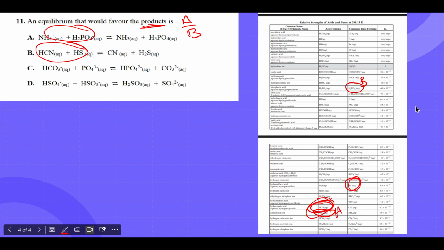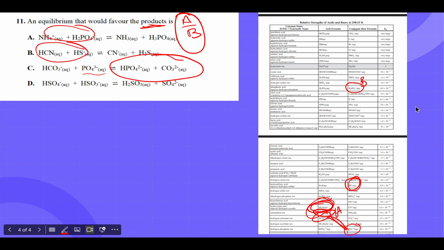Looking at the next one, HCO3 negative appears on both sides of the chart, so I'm going to start by looking for the PO4 3 negative. PO4 is right here, and the HCO3 negative is right here. Here, your acid is higher up than your base, so products would be favored.